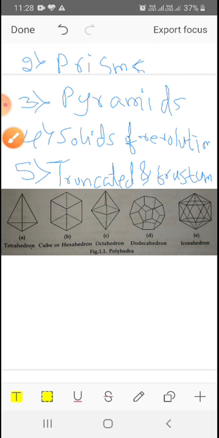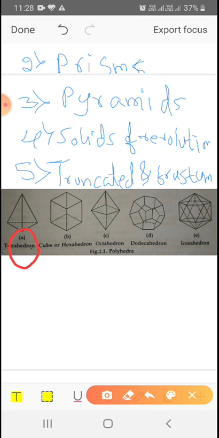Let us discuss what is meant by tetrahedron. A tetrahedron has 4 equilateral triangular faces bound together. That is called a tetrahedron.